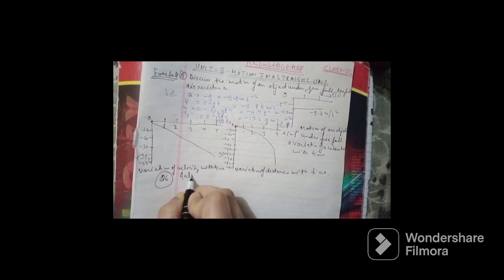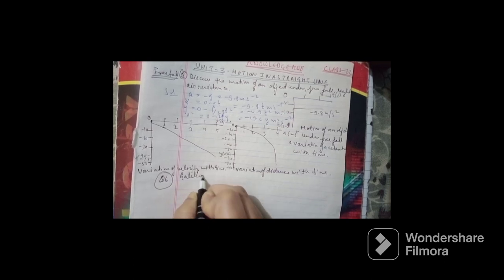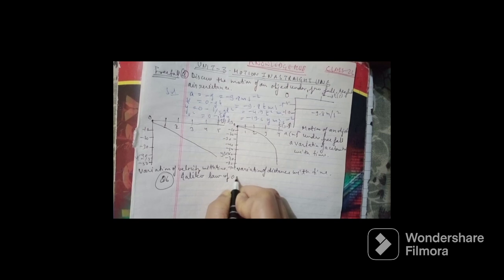The question is that the distance traveled during equal intervals of time by a body falling from rest stand to one another in the same ratio as the odd numbers beginning with unity, namely 1:3:5:7, and you have to prove it. So let's go for it.